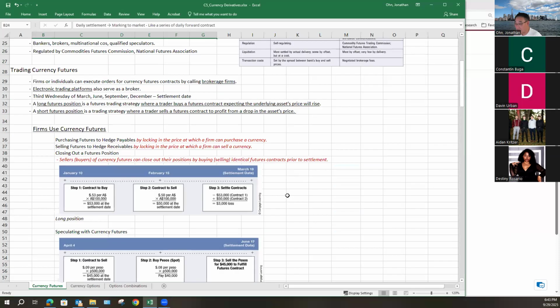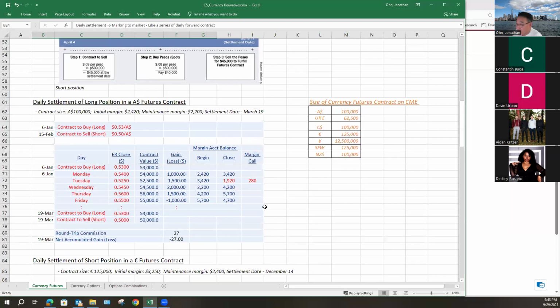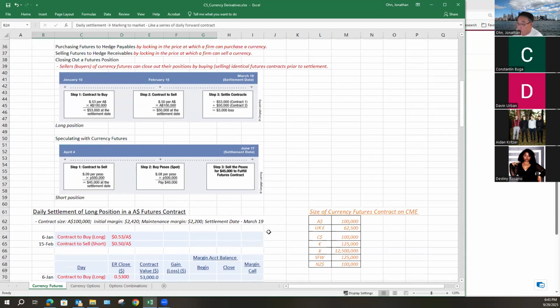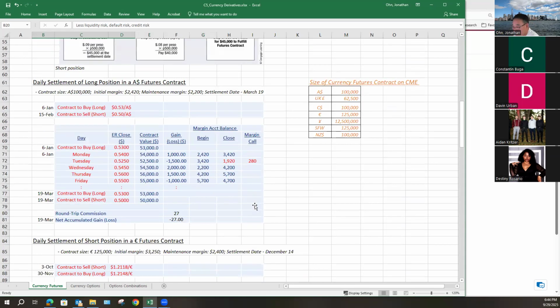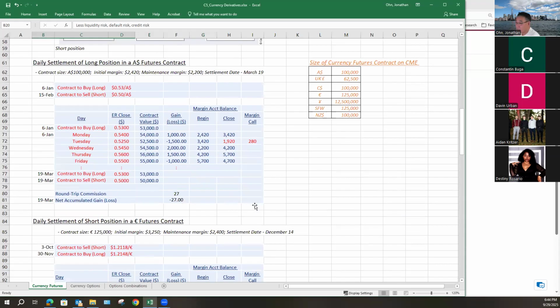Why do they do that? By doing this, they lower the liquidity risk, default risk, credit risk, all this risk significantly, right? So this process is called marking to market or daily settlement. That is a significant feature of futures contract transactions.